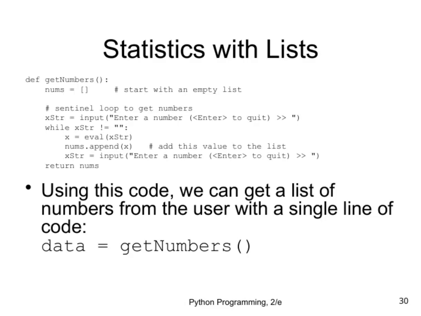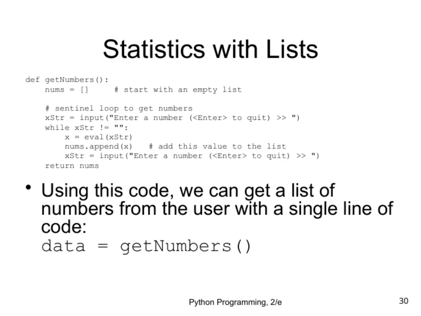Let's take a closer look at this function called getNumbers. The purpose here is to gather a list of numbers from the user interactively. We start by initializing an empty list called nums, which will hold all the numbers the user enters. The key part of this code is the sentinel loop, which keeps asking the user for input until they decide to stop by just pressing enter. So we prompt the user with a message, "Enter a number, enter to quit."